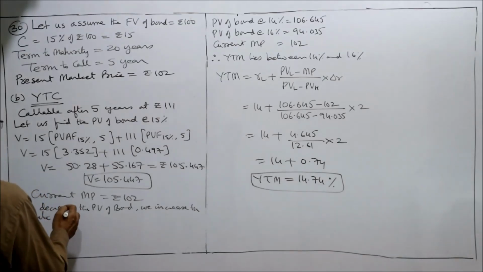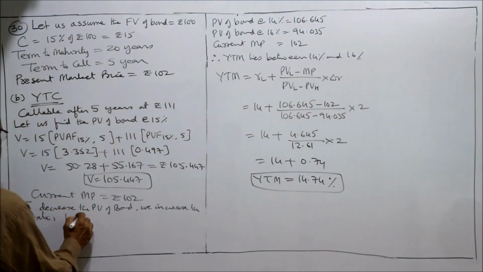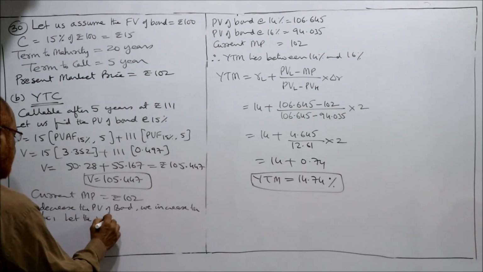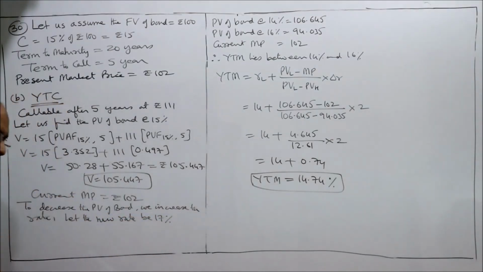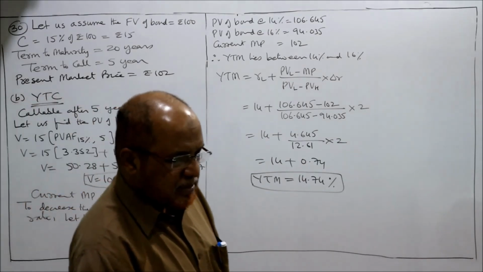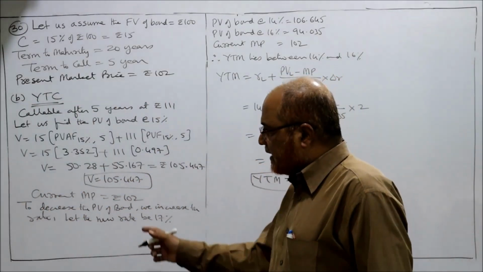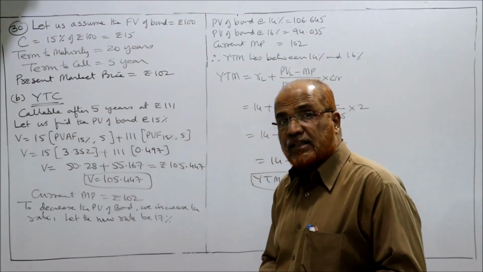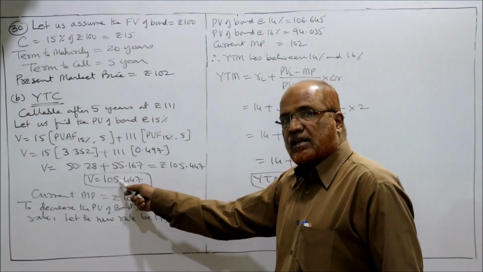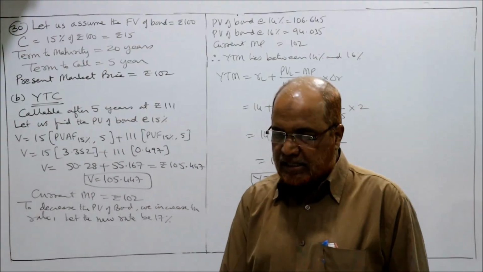Let the new rate be 17%. First we have taken 15%. At 15% we are getting a higher value. 102 आने के बजाय 105 आ गया, ज़्यादा आ गया. So to decrease this present value of bond, we have to increase the rate.